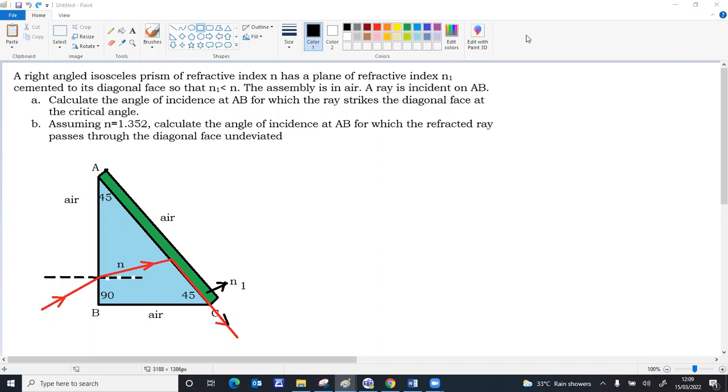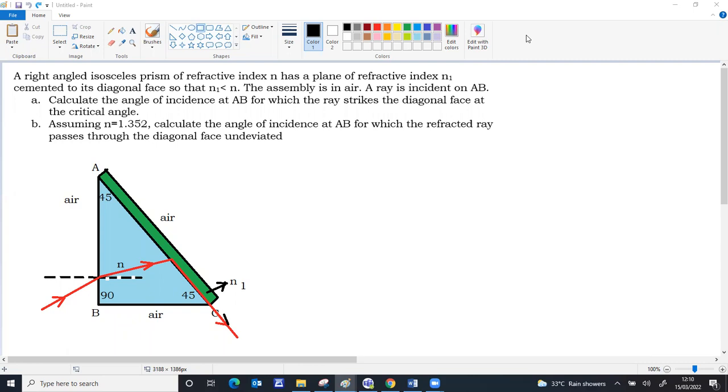In this question, a right-angled isosceles prism of refractive index n. The blue region is the prism, refractive index n. It has a plane of refractive index n1 cemented to its diagonal face.